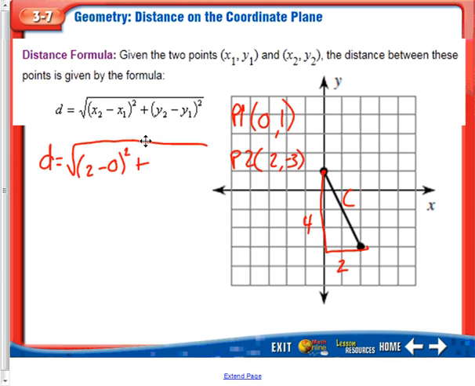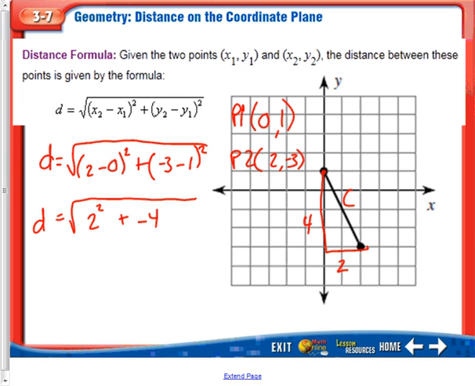All we have to do is substitute items into this formula. So y2, this is point 2, y is negative 3, minus y1, this is point 1, y is 1, and we're going to square that. So now we'll just copy everything down again. D equals the square root of this whole thing. 2 minus 0 is 2, so I'm just going to say 2 squared plus negative 3 minus 1.